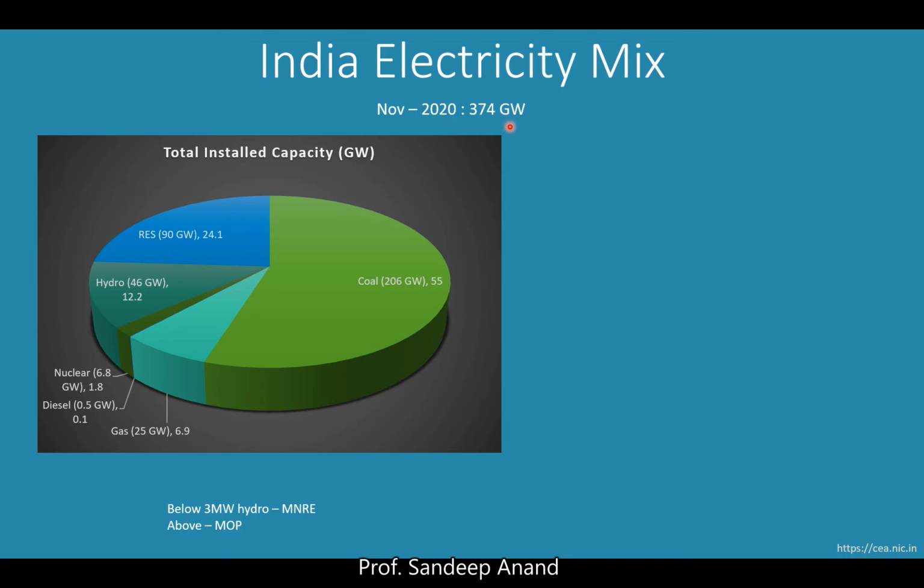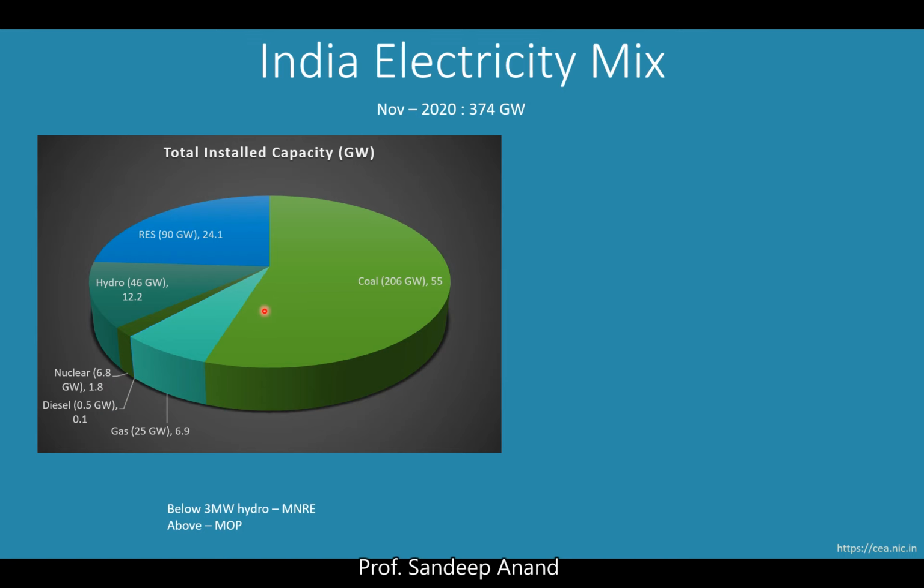So about 55% is coal, which is very substantial. Gas is about 7%. And renewable energy sources, which have now increased considerably in the last decade, are now about 24% of installed capacity, and big hydro is about 12.2%, and some nuclear and a very minute amount of diesel based generation.